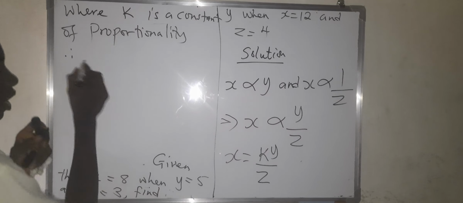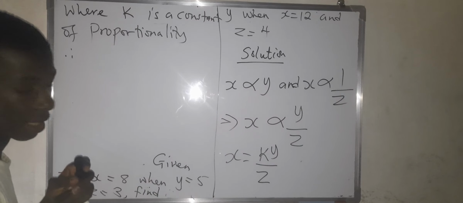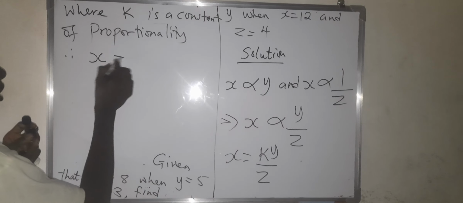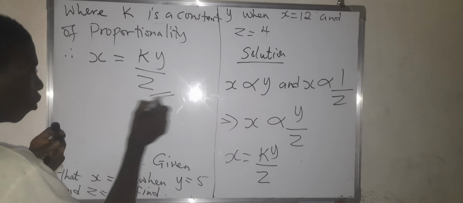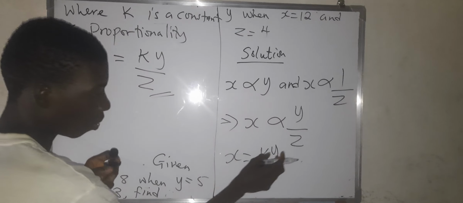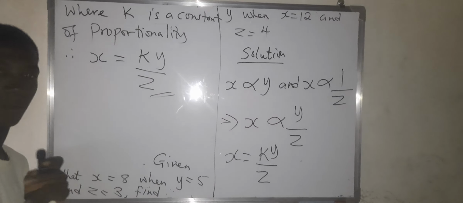Therefore, the equation joining x, y, and z is x equals ky over z. This is the equation connecting x, y, and z.